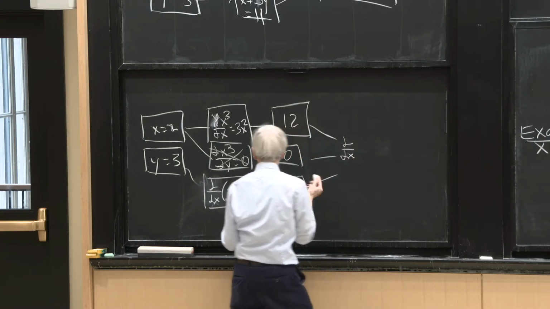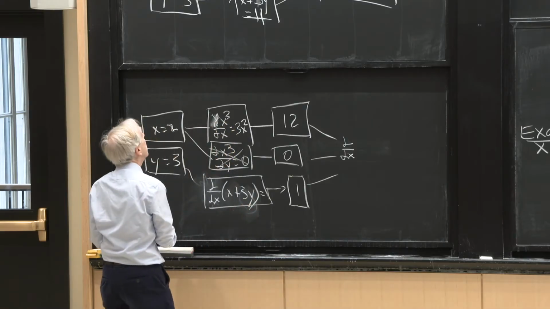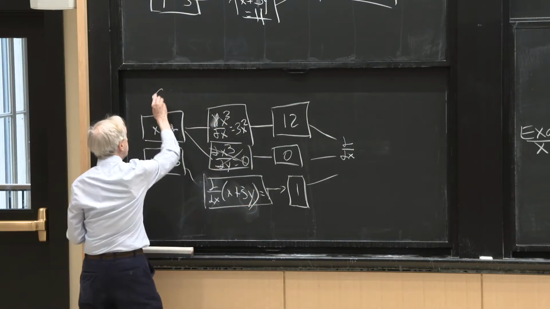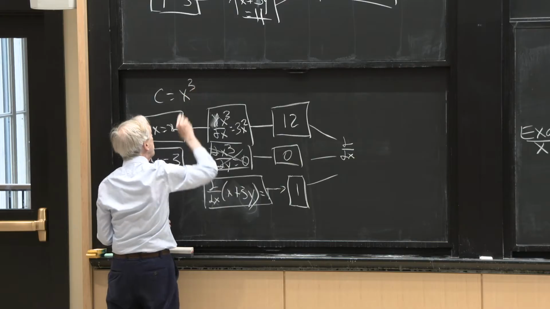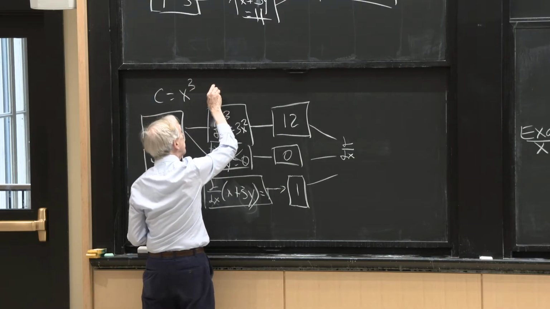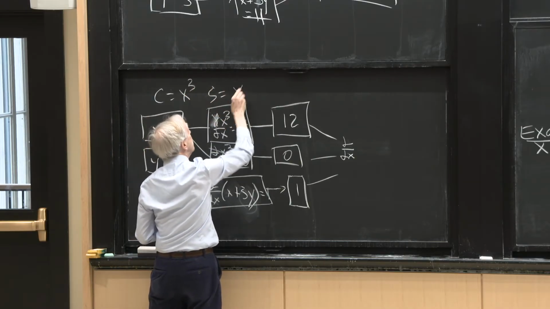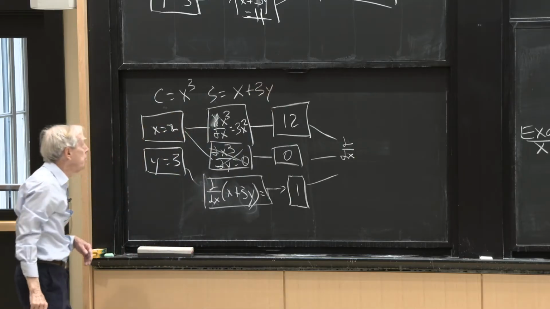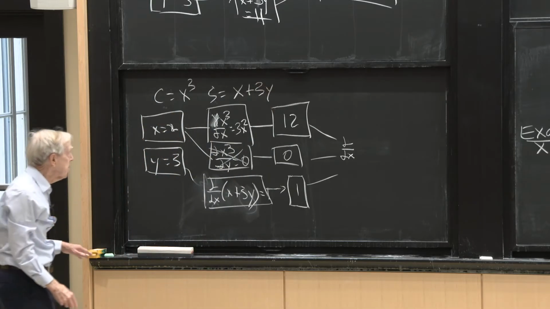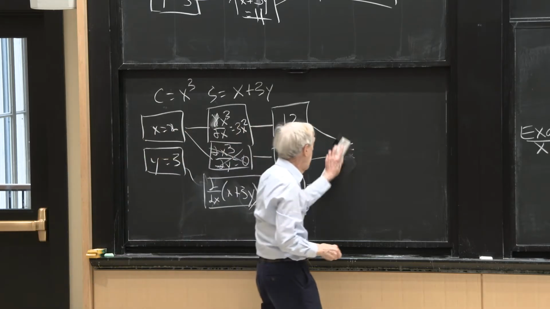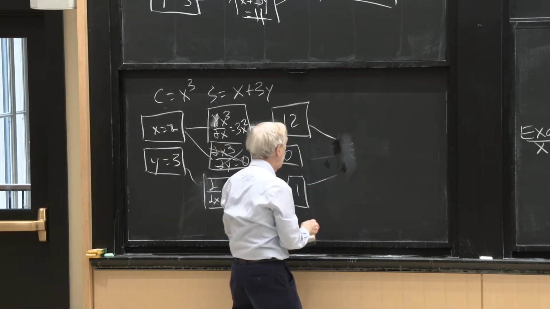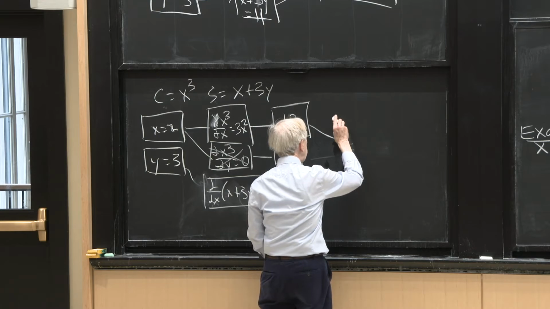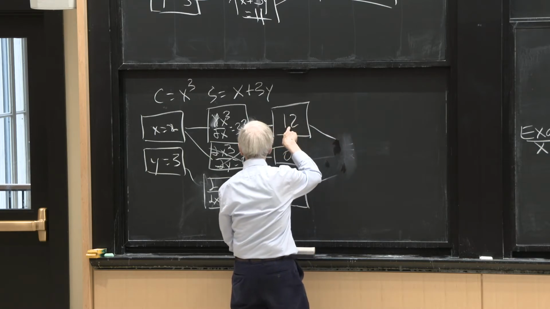The x derivative of this product. I should have given these two terms a name. Let me call that first term x cubed and the second term x plus 3y. Call it s. So I'll call the two terms c and s. So I now need to get, so that's dc ds.